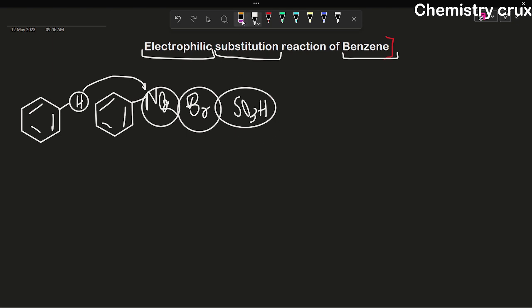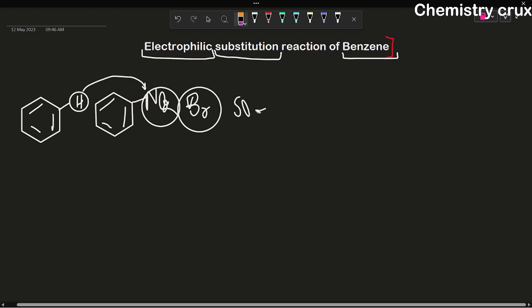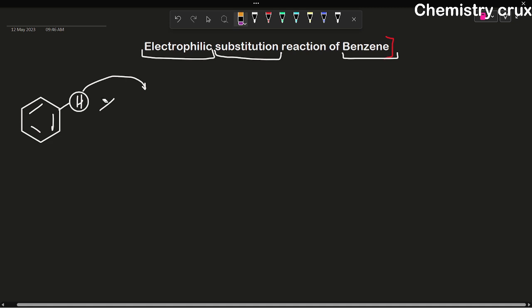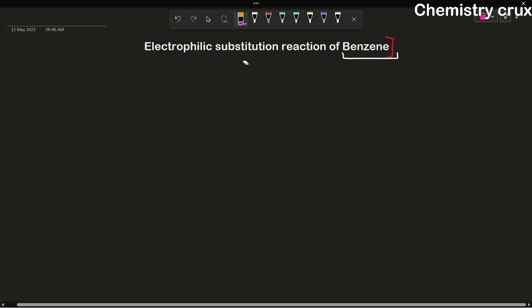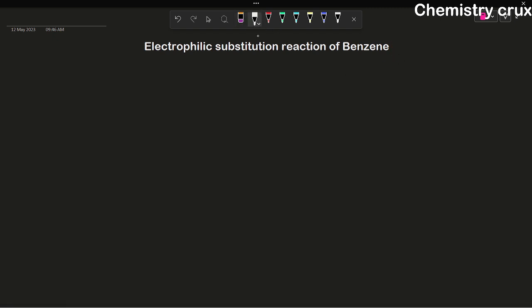Now the mechanism of all those reactions follows three particular steps, and in this video we'll be discussing those steps so that we can get to know the substitution reaction mechanism. At the end of this video you will be able to deduce the mechanism for any electrophilic substitution reaction of benzene.